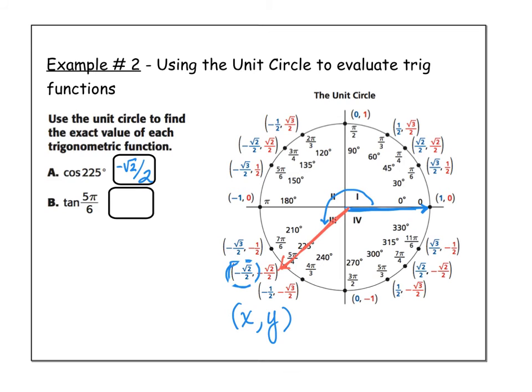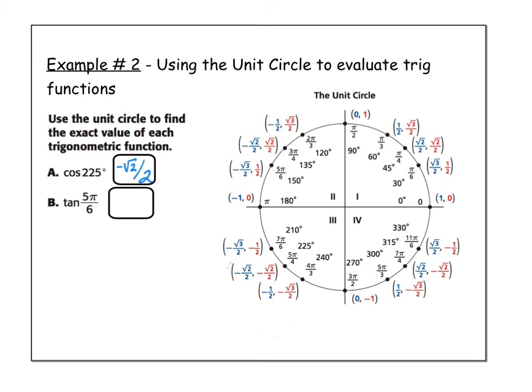Now I'm going to erase this so we can do the second problem. Let me erase this really quick. Okay, the second question is a little bit more complex, but not that hard. It says, what's the exact value of tan of 5 pi over 6.